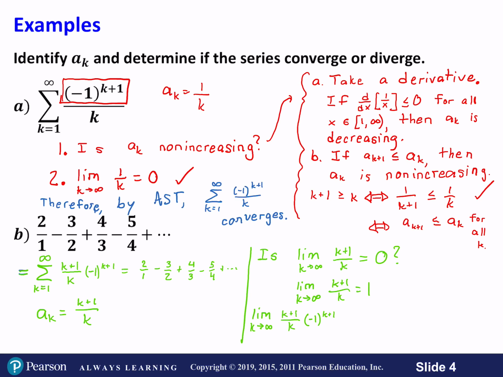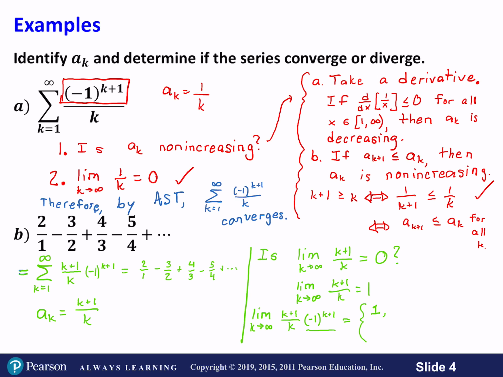If you consider just the odd terms and just the even terms, let's write it like this. So, if k is odd, then you would get, as a power for this -1 term, even powers. And so that would indicate that you're multiplying by +1.